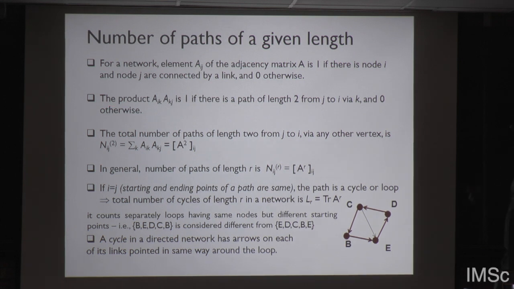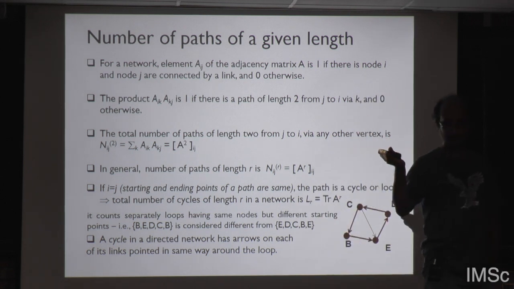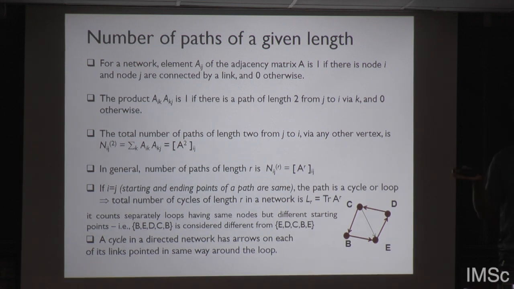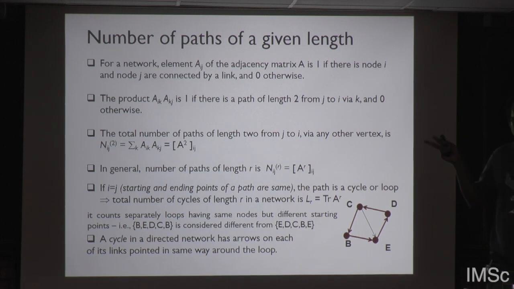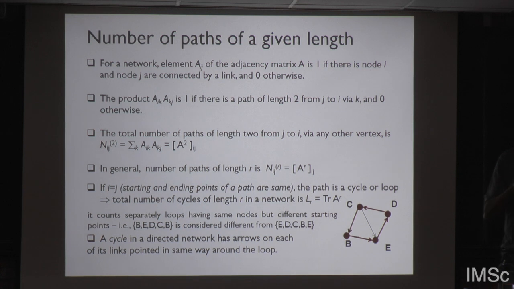So that immediately tells you that, wait a minute, if I take powers of A, so if I raise A to the power 2 and look at now all the matrix elements which are non-zero, it will tell me what are the paths of length 2 which connect different pairs of nodes. Is that clear? If you have any doubts about this, just ask, because this is an important point.